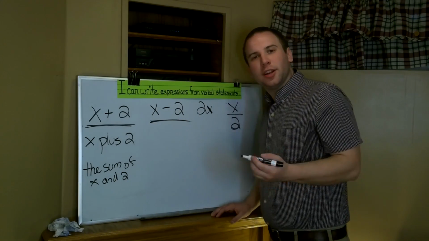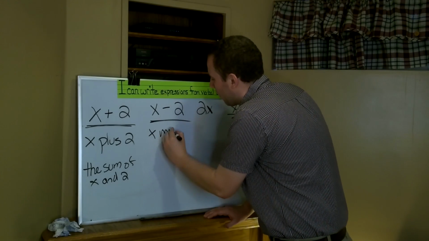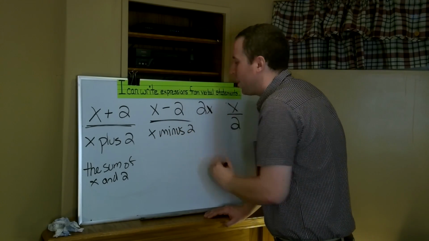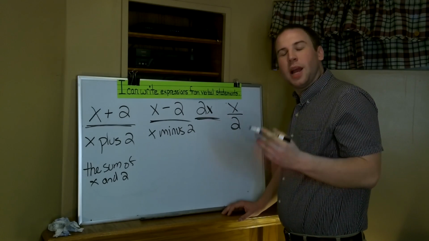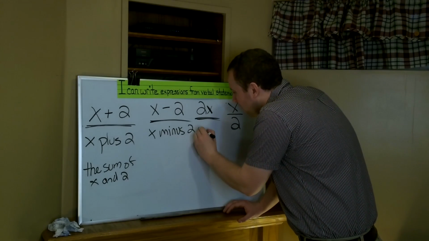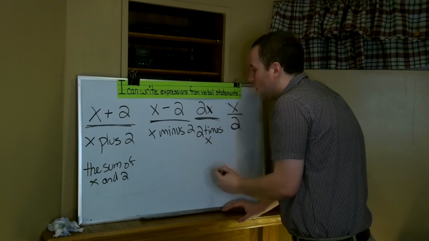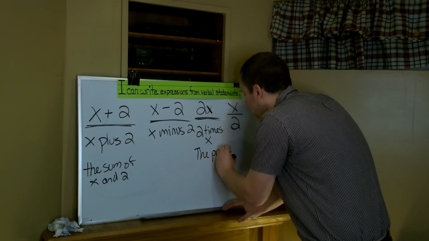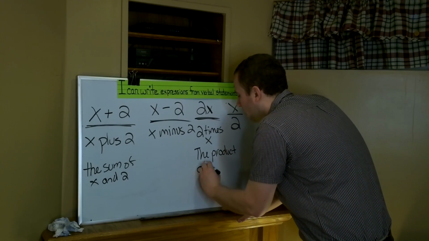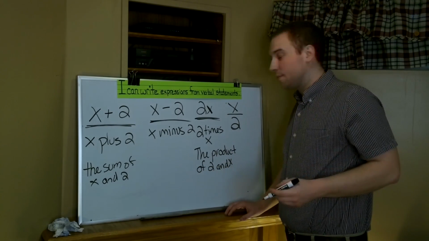What about subtraction? Of course, x minus 2. Very good. What about this one here? Of course, 2 times x, or the product of 2 and x.